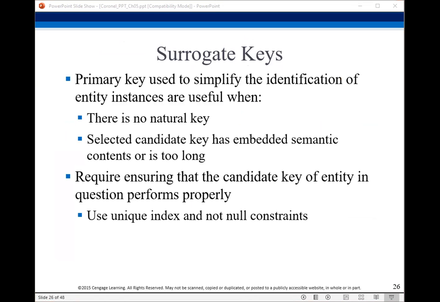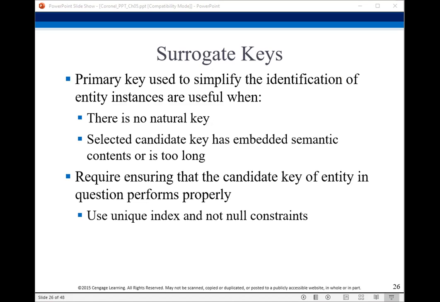So surrogate keys are something that the database system can provide for you, and especially if it's numeric, it can provide it with an auto increment capability. So you can require that you put an auto increment in your particular table.